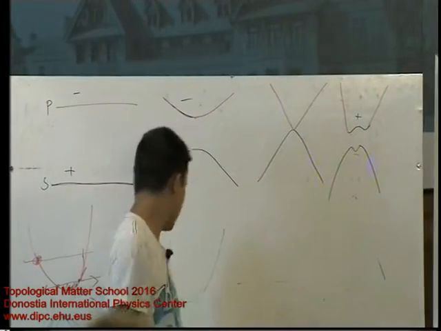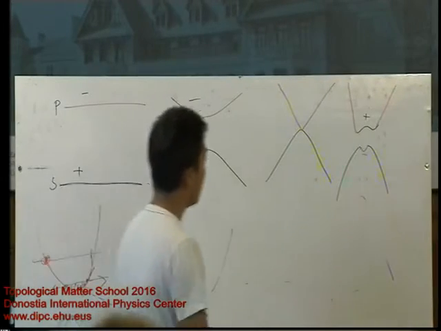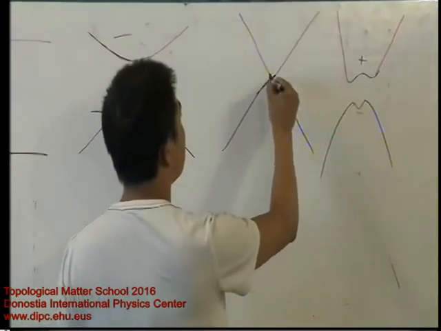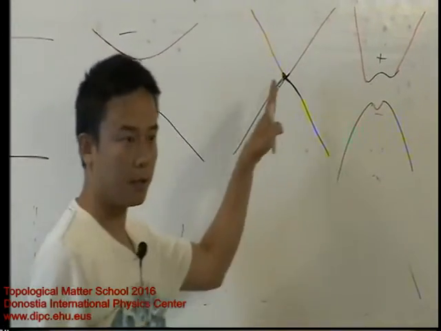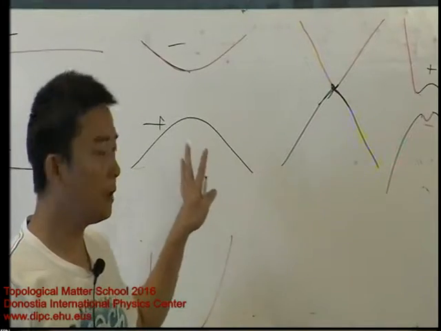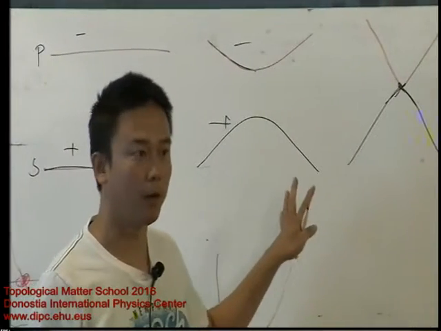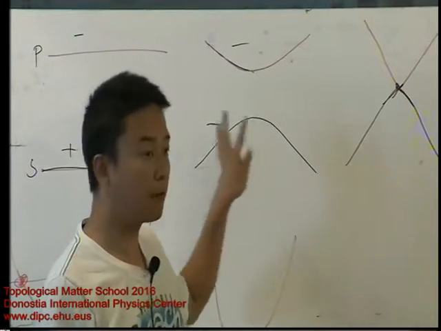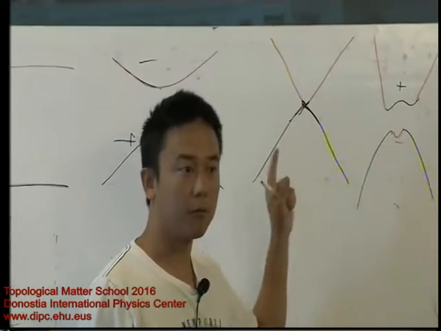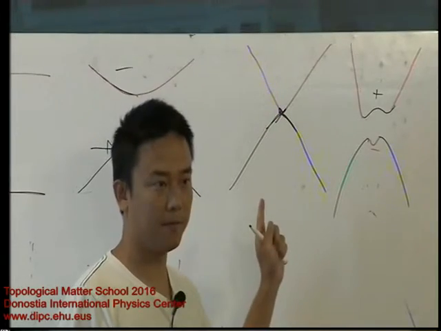This touching point, how does it look? It's a linear touching here. It's a Dirac crossing. If we talk about a 3D material with a three-dimensional band structure, then this touching will be a three-dimensional Dirac touching.